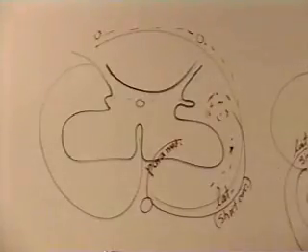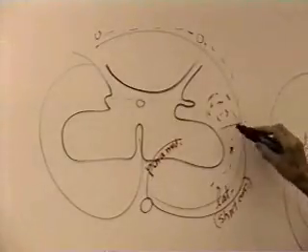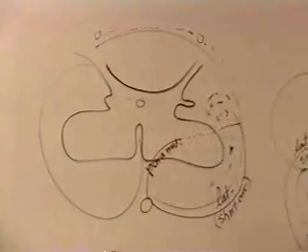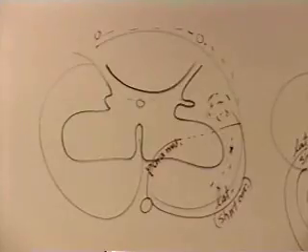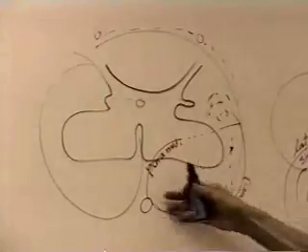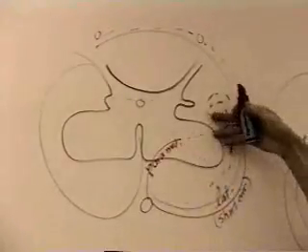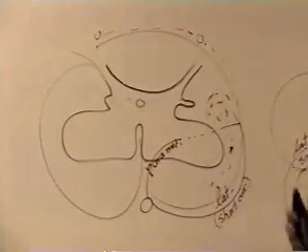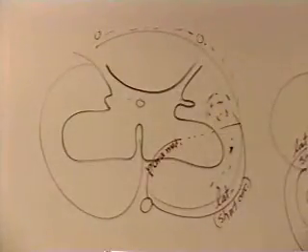But the collateral circulation between these two is somewhat variable. So the extent of the gray matter or white matter damage varies from one person to another.